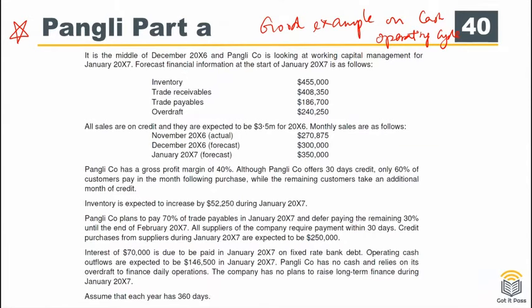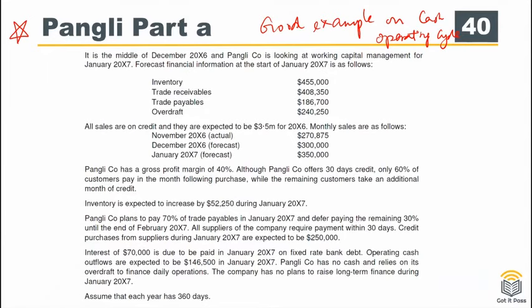Especially right now, the ACCA examiner team prefers this type of question a lot, because it can test students' understanding of the whole working capital management concepts, instead of, for example, only trade receivables or only inventory.